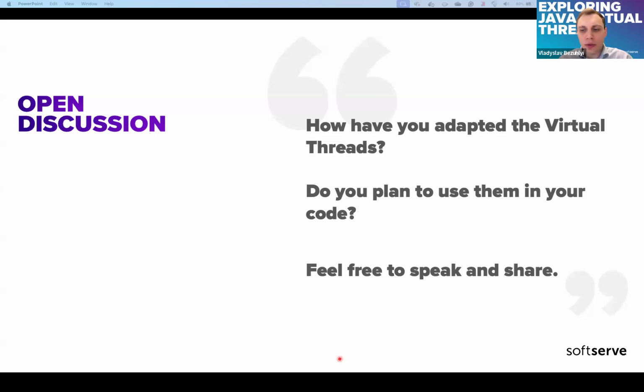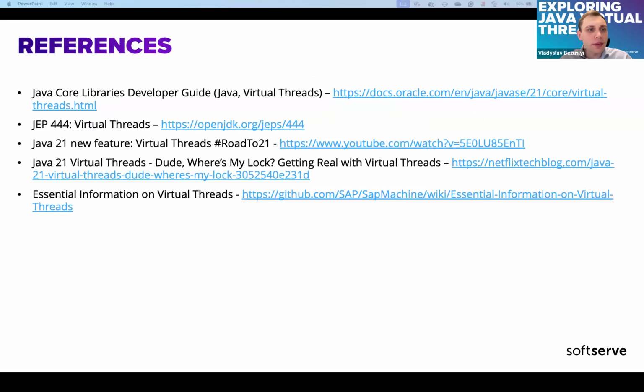Thank you, that's really useful. On my part, I have a references slide at the end of the slide deck. There's the "Dude, Where's My Lock" article from the Netflix tech blog, and it describes their case when they investigated a deadlock in an environment where they had virtual threads running.